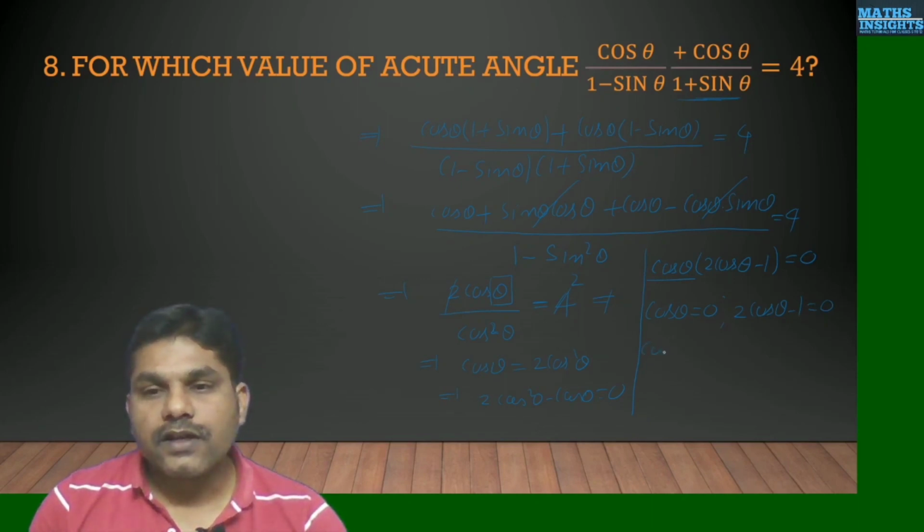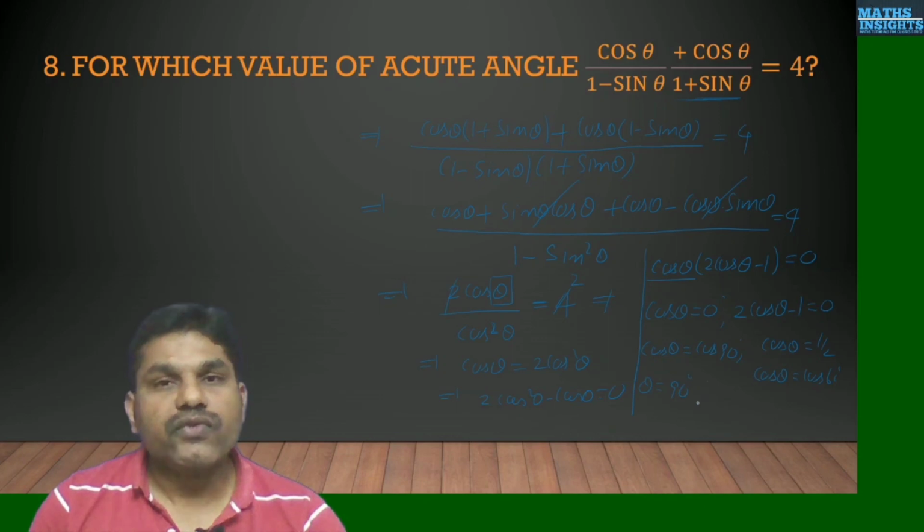Cos theta becomes 0 for cos 90, and cos theta equals 1 by 2 for cos 60. So theta is 90 degrees in the first case, and theta is 60 degrees in the second.